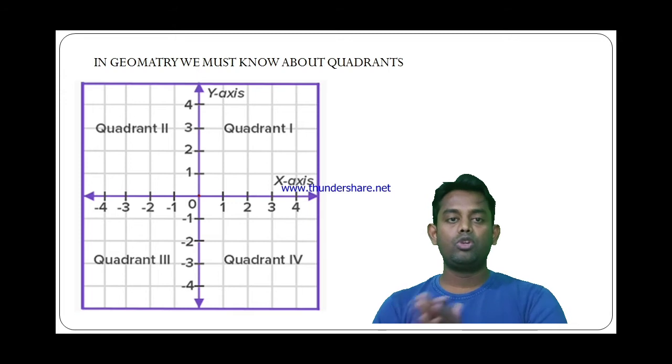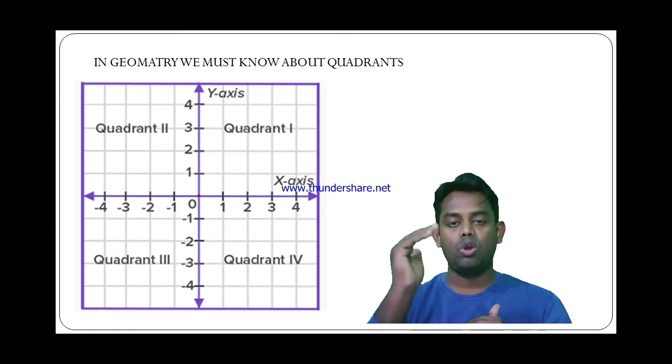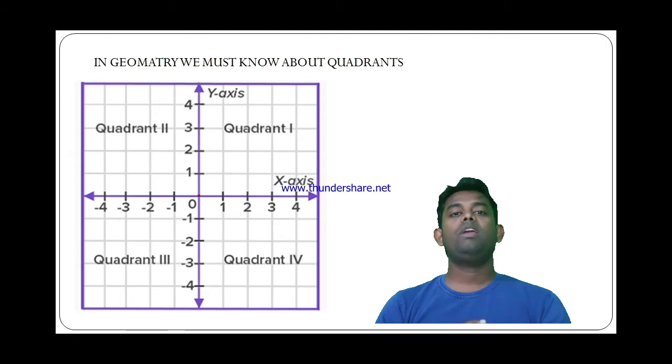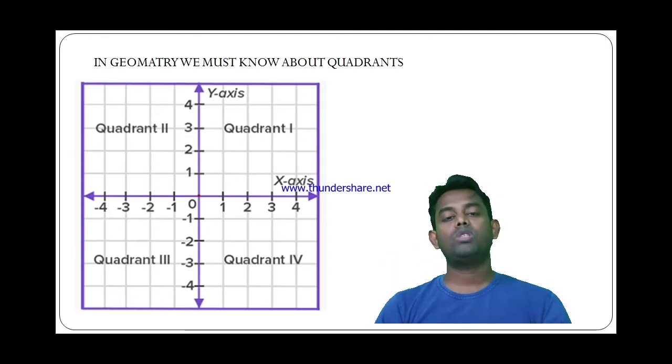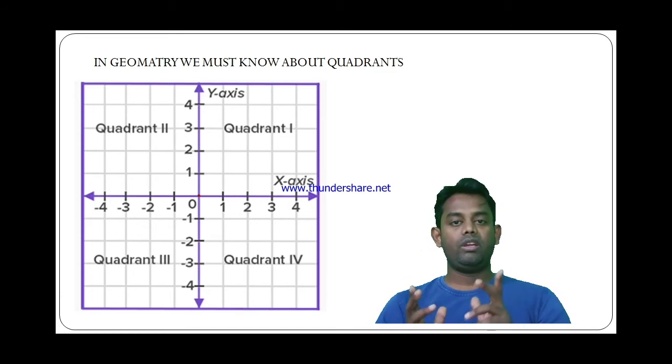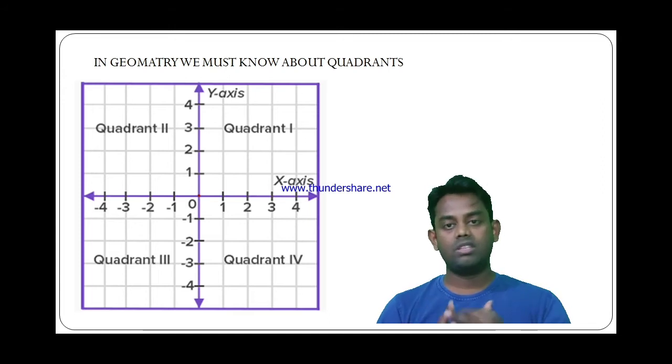If you move from 0 to west side, then x will be negative. If you move from 0 to north, then y-axis will be positive, and 0 to south side, then y will be negative. So if you see that first quadrant, x-axis, y-axis is positive.